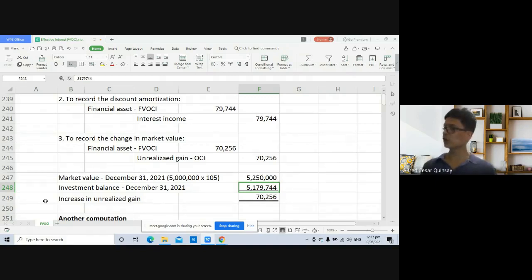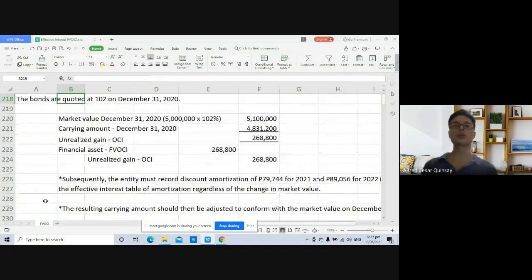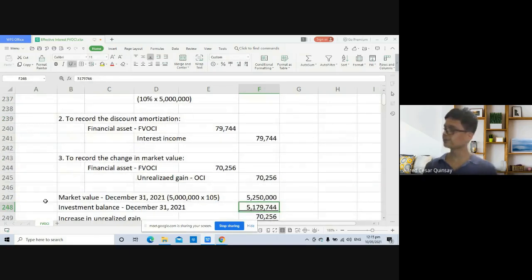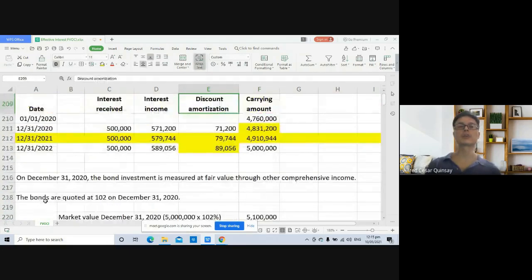So paano nakuha yon? Ito yung 5 million 100, yung naalala nyo nung nagtaas yung market value niya to 102 noong December 31, 2020. 5 million times 102%, so 5 million 100. Plus yung amortization as of December 31 na 79,744. Ito po yun, no?